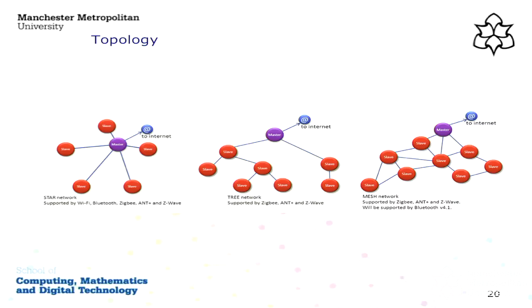And the different topologies are really around that. You can either have a centralized one, this star network, where everybody just talks to a central node, and that passes on the messages. Or you can have that final one, a mesh network, where individual nodes can pass the message on as well.